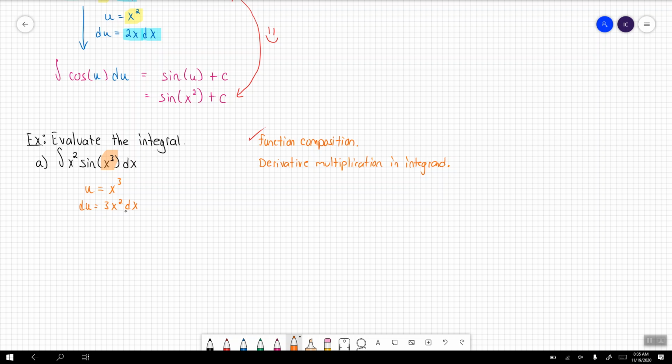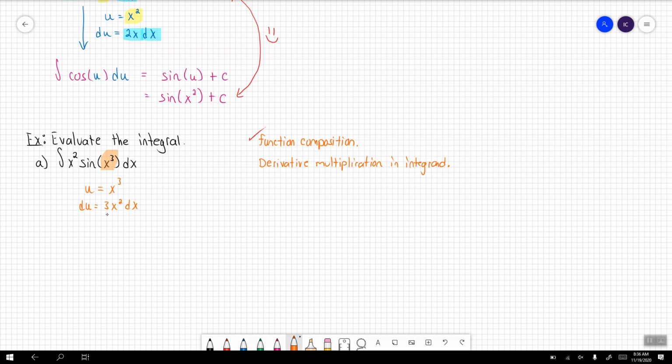So do we see this 3x squared dx in the integrand here? Well, I do see the dx, so that's good. I see an x squared in the integrand, and I see an x squared here in my differential, so everything's good so far. However, there is a constant of 3. If there is a constant of 3, that's fine, and that's actually perfect, so don't fret about that.